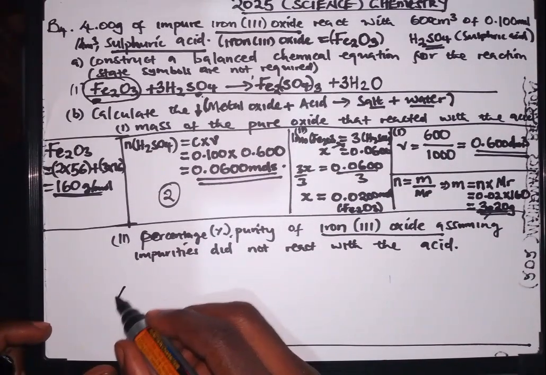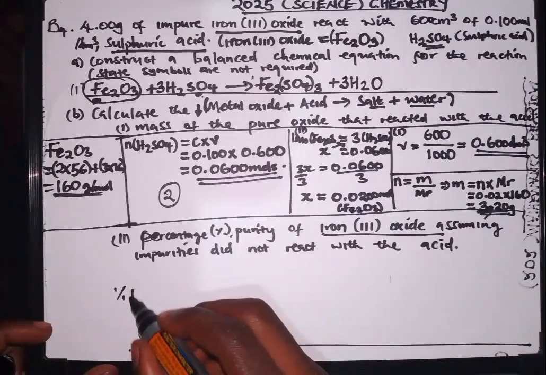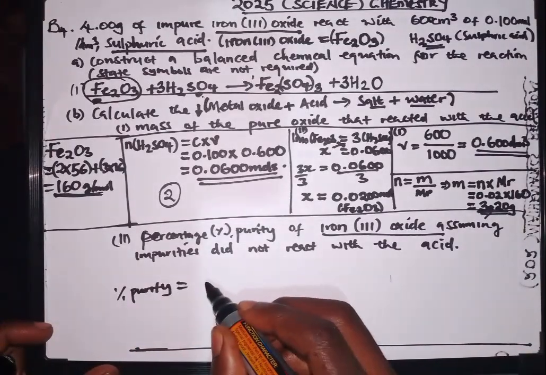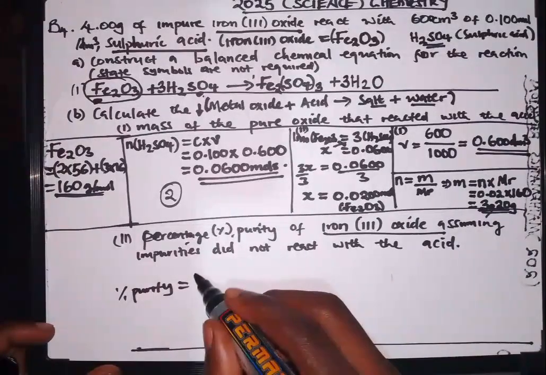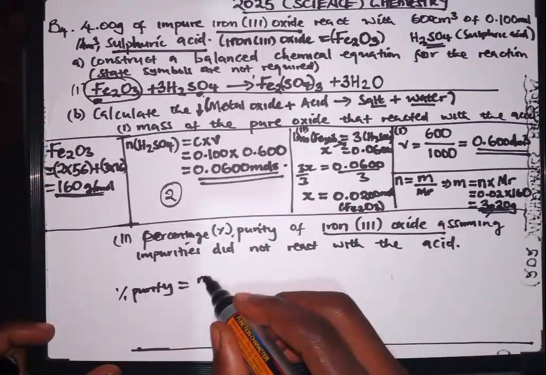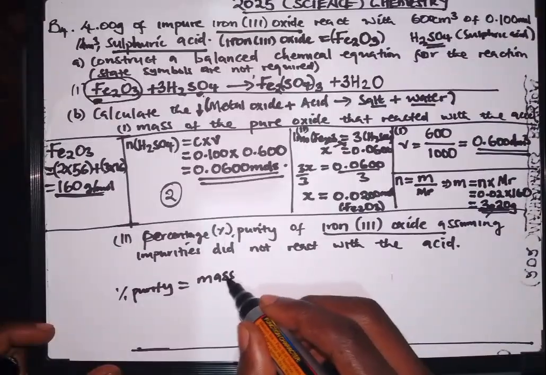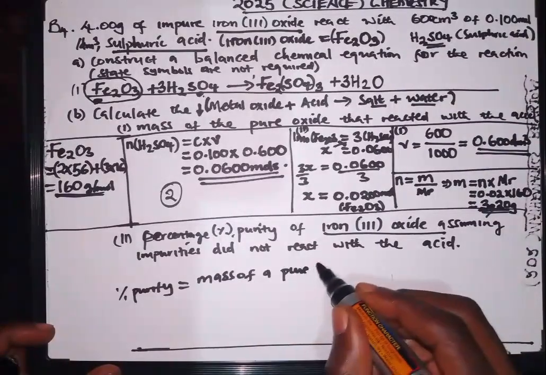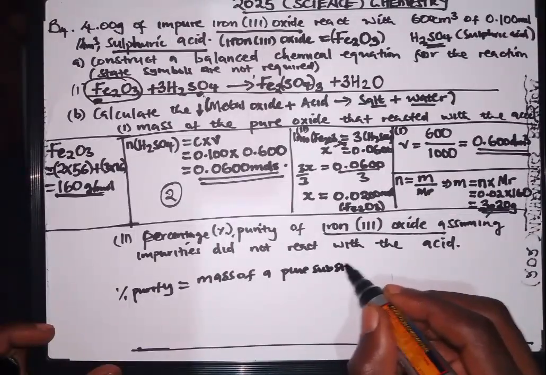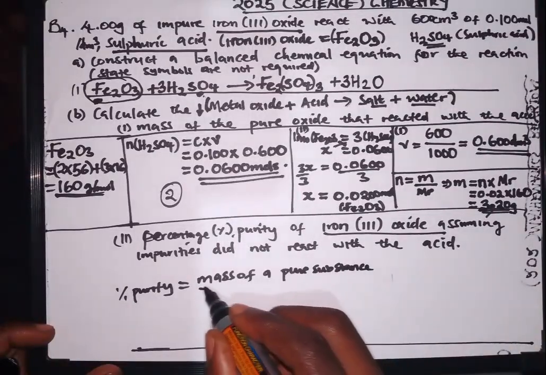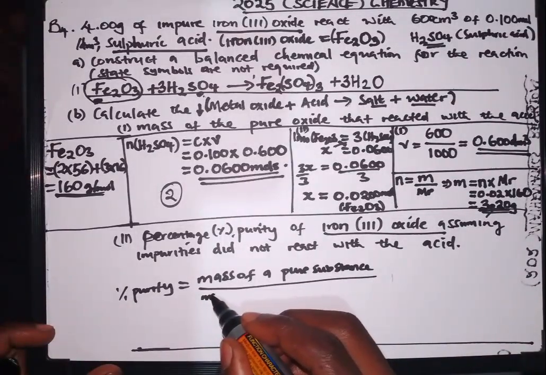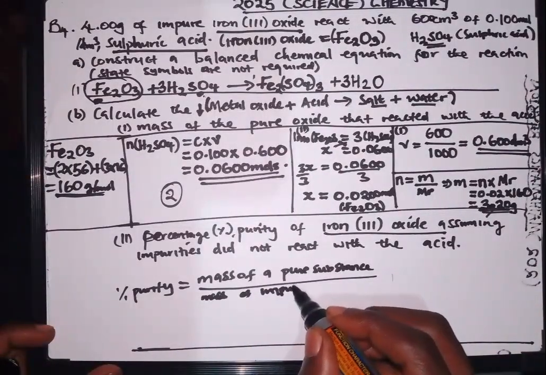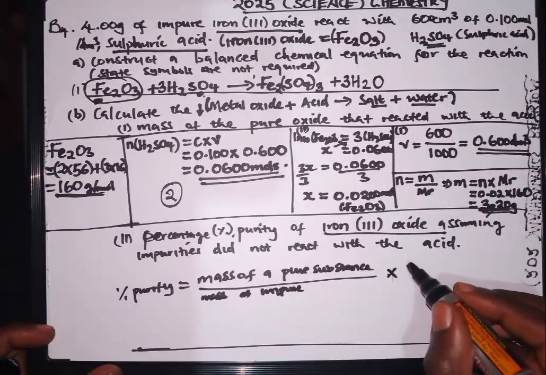So here the formula you have to know is percentage purity is equal to mass of a pure substance divided by mass of impure multiplied by 100.